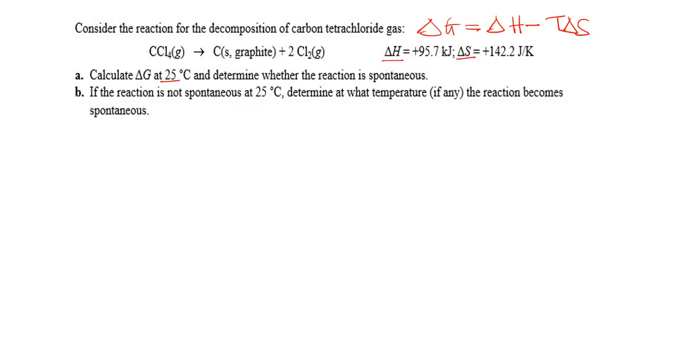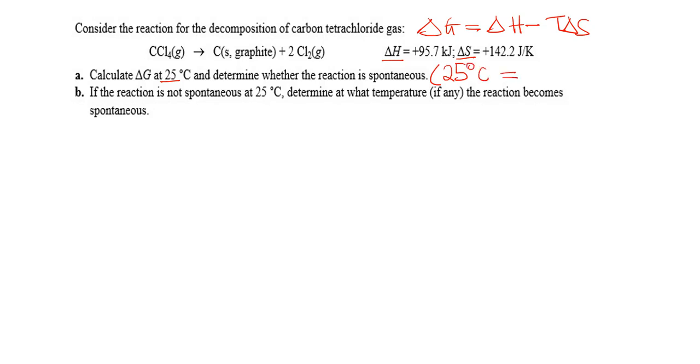A, calculate delta G at 25 degrees Celsius and determine whether the reaction is spontaneous. B, if the reaction is not spontaneous at 25 degrees Celsius, determine at what temperature, if any, the reaction becomes spontaneous. To solve this problem, first you need to change the temperature from degrees Celsius to Kelvin.